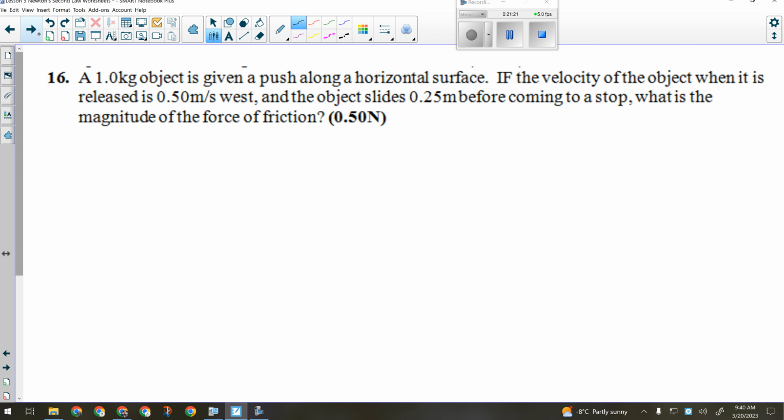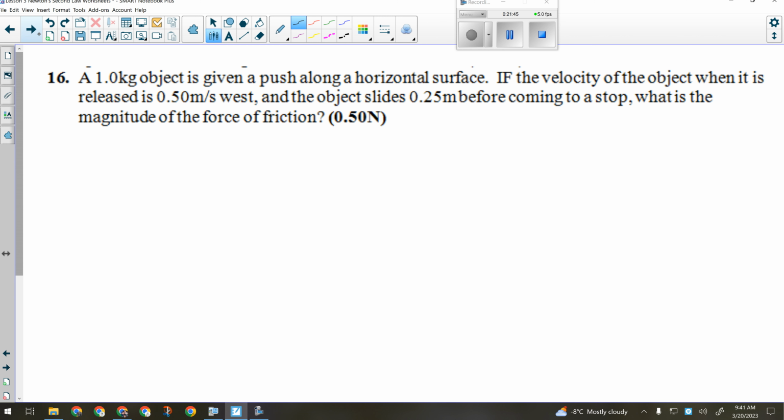If something's on a horizontal surface, gravity is likely not going to be involved unless there's some sort of vectored upward force, okay? In this case, there's not. It just says it's moving horizontally. If it's moving horizontally, you know the forces that are vertical cancel. Okay, does everyone follow me there? So the only thing that's acting on the chair after I release it, I'm done that part. Now it's slowing.